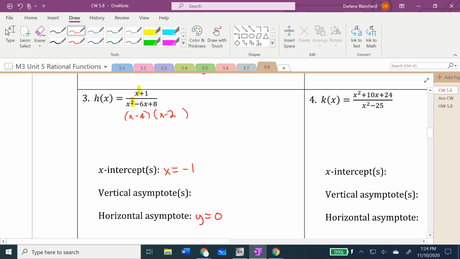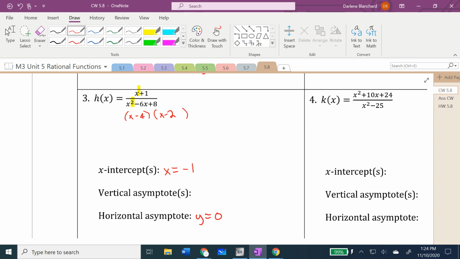Right. If the degrees don't match, then you either have a horizontal asymptote of 0 or you don't have one. It just depends on whether you have the larger degree polynomial in the bottom or the top. When the bottom has the larger degree polynomial, then when x gets super big, you flatline to 0.